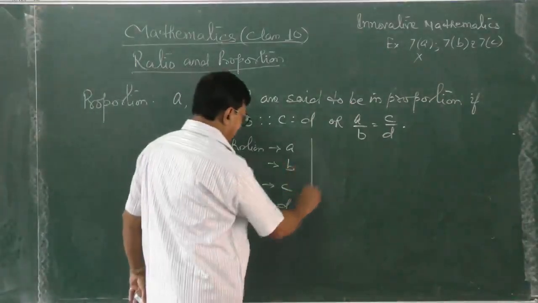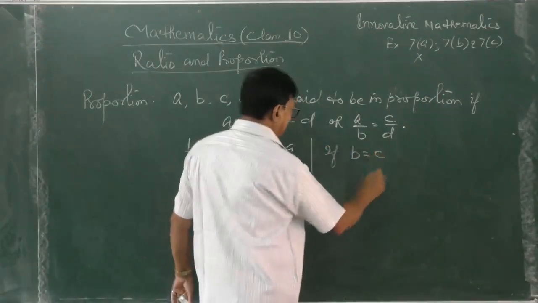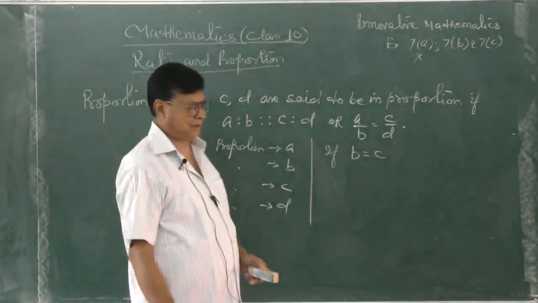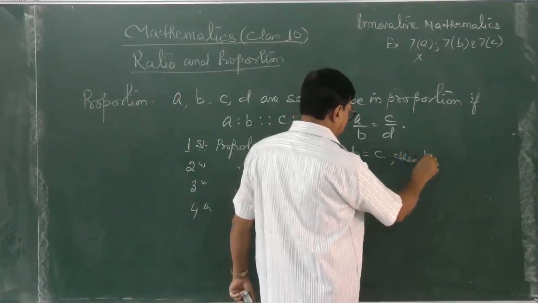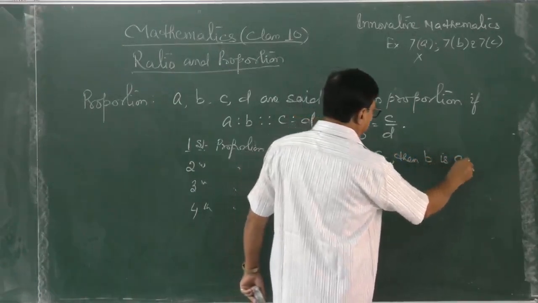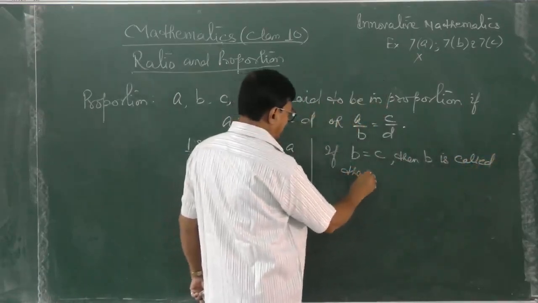Now, if the second and the third are equal, then B is called the mean proportion.